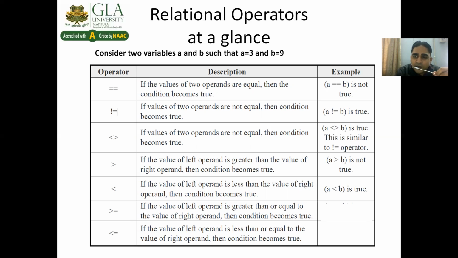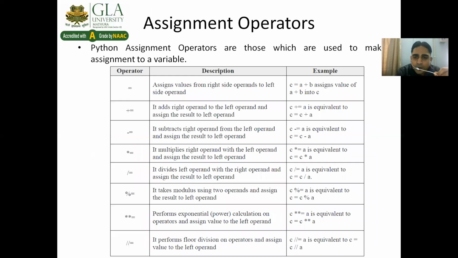Then greater than equal to is the same as greater than, but it also checks for the equal to value as well. So it can be either greater than or equal to. In both cases, it gives you true. And here it is less than equal to. So if the value is less than or equal to the second value, then also you are going to get the answer as true, right?